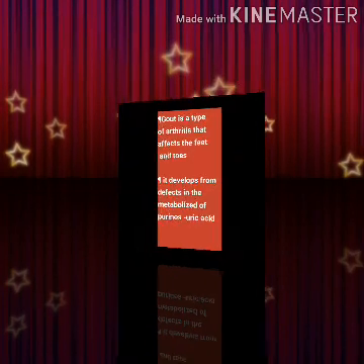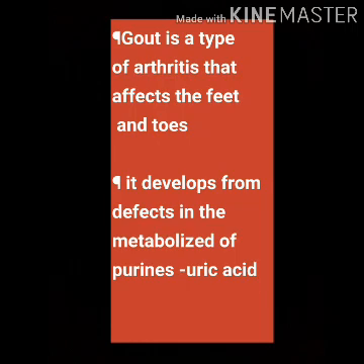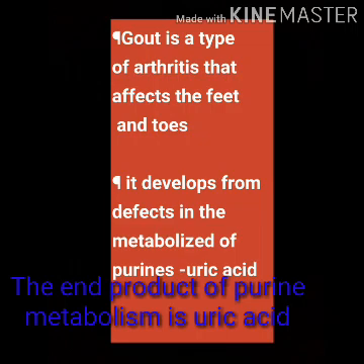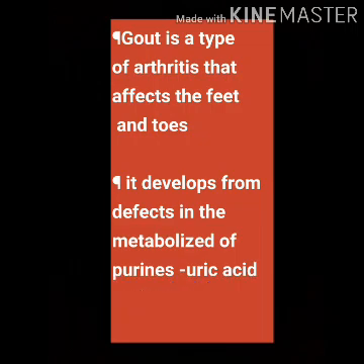Now, what is gout? Gout is a type of arthritis that affects the feet and the toes, and it develops from a defect in the metabolism of purines. We know that the metabolism of purines has uric acid as the end product, and thus a defect in the metabolism of purines will lead to elevated levels of uric acid in the human system.